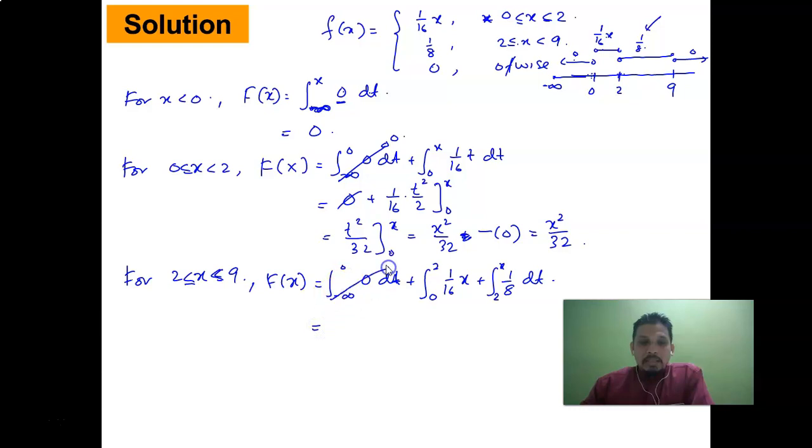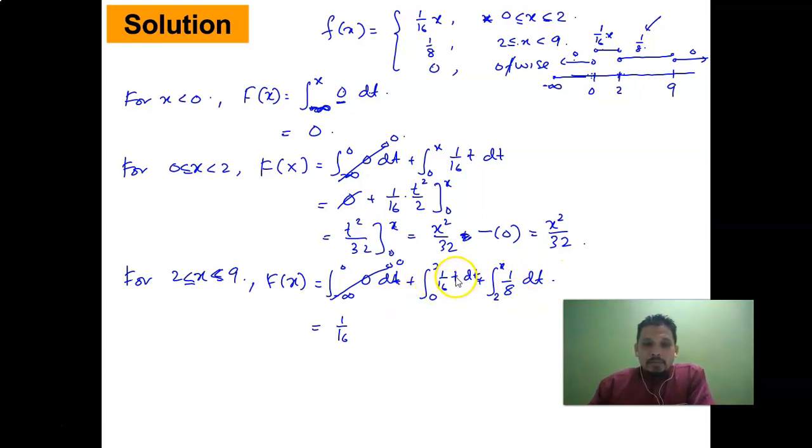Again, this gives you 0. And what about this one here now? 1 over 16, the integral of t dt, and then 1 over 8 dt here.